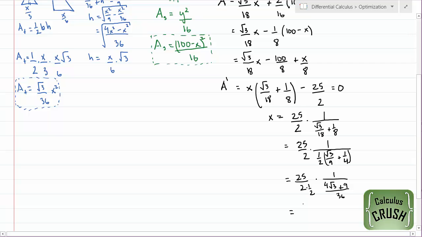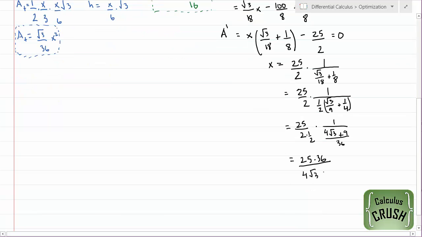And that's equal to 25 times 36, because the 36 can come up to the top now, divided by 4 root 3 plus 9. What is 25 times 36? I have no idea. We solve for x, right up here. X is equal to this number right here.